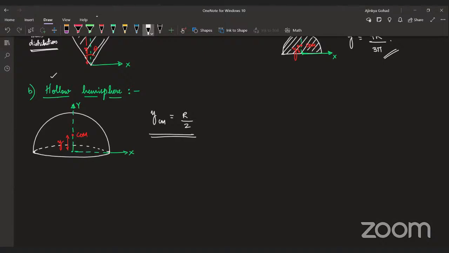Right. How do we do it? You can calculate the center of mass for this by taking infinitely many rings. All right.